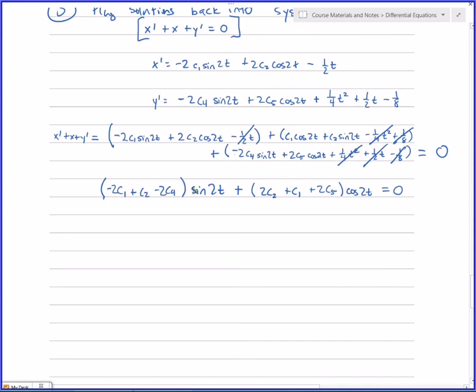Agreed? Just to emphasize, for this to be 0 for all t, negative 2c1 plus c2 minus 2c4 has to equal 0, and 2c2 plus c1 plus 2c5 has to equal 0. Plus C5 or minus C5? Plus.